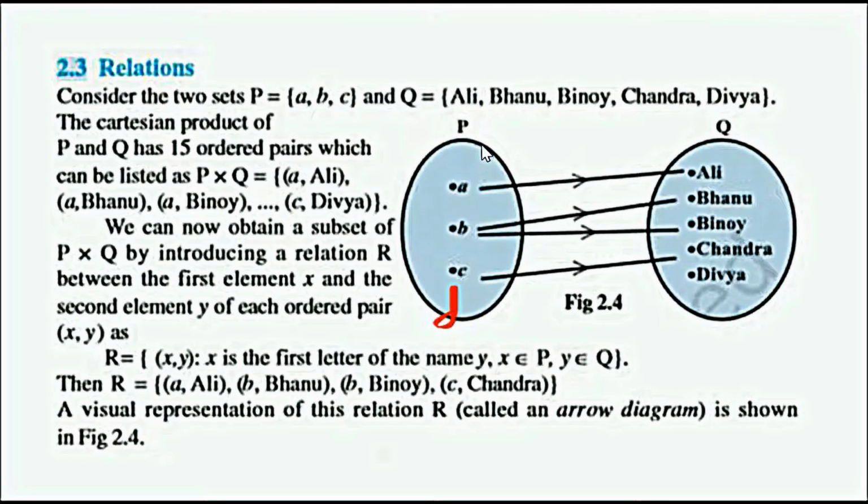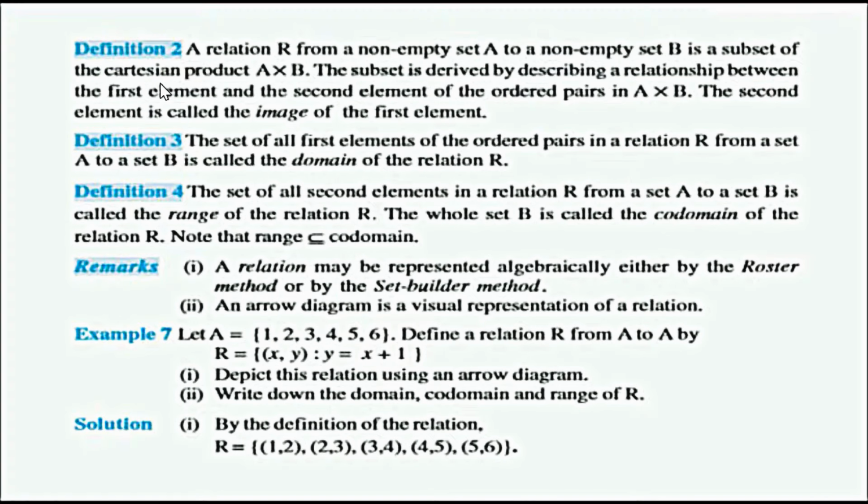So now these are the two sets and this is the result of your relationship. Let us formalize it. Our relation R from a non-empty set A to a non-empty set B is actually a subset of the Cartesian product.